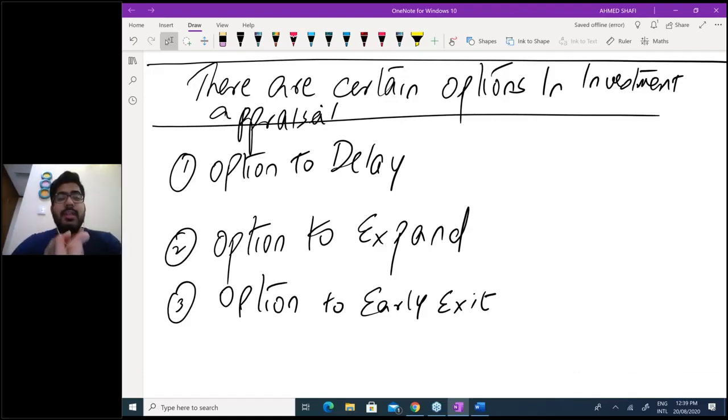Options are now being considered in the airline industry, okay? Let's suppose you are searching for a ticket, US to UK, and you find that the ticket is $800. Options have been incorporated in our real lives as well. You book it.